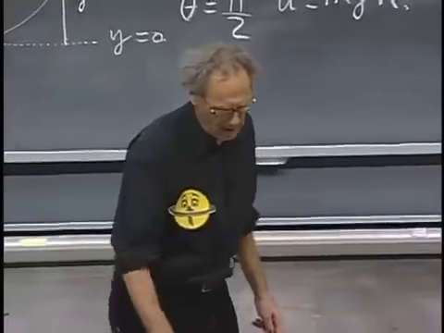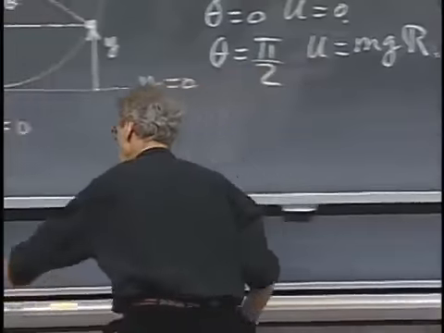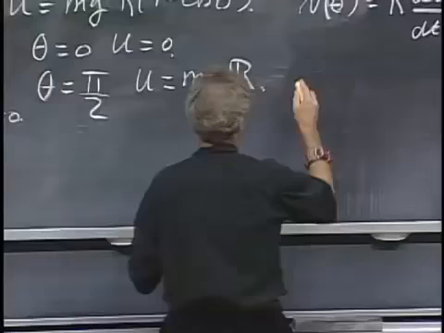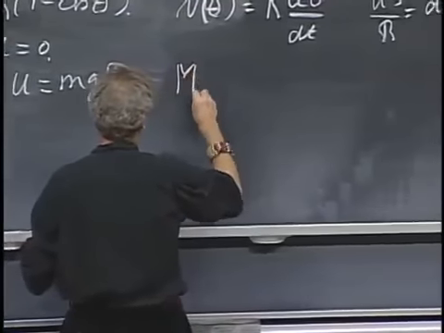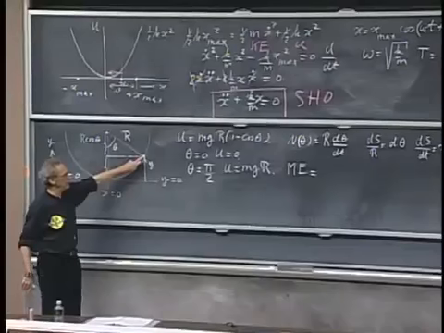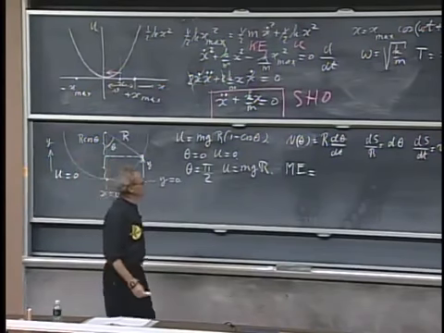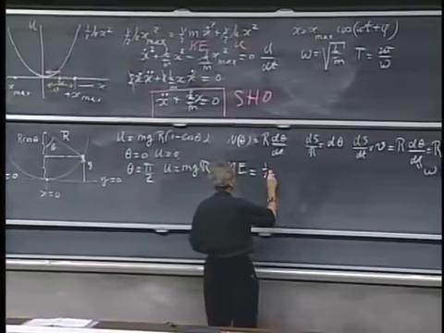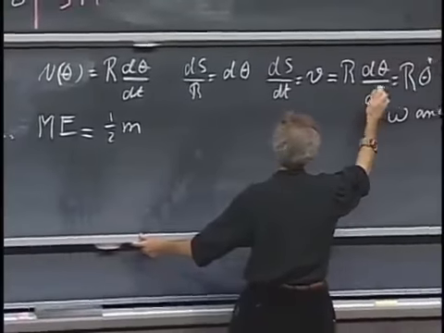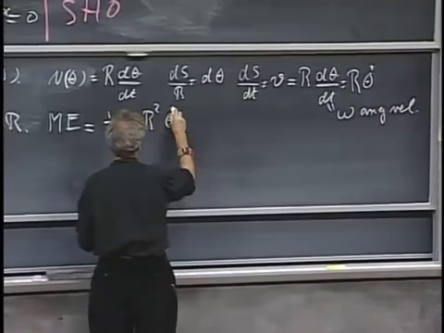So I can now apply the conservation of mechanical energy, because I know what the velocity is at any angle theta, and I know what the potential energy is. So let the total energy be just the mechanical energy, which depends on my initial conditions wherever I start. Maybe I release it here with 0 speed, maybe I give it a little speed. It is a number. It is a constant. So that is going to be 1/2 mv squared at a random angle theta, and v is r theta dot, so that is r squared times theta dot squared.